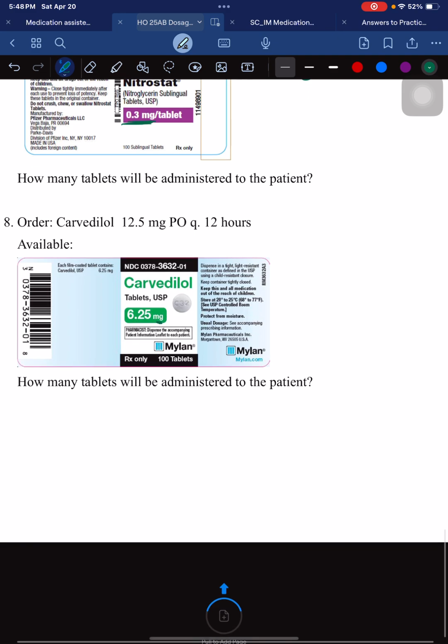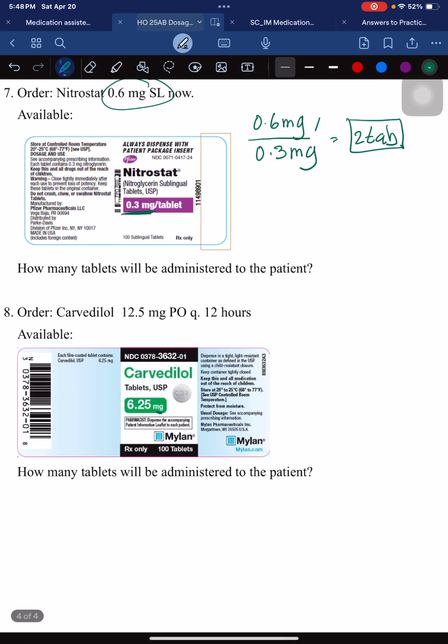Okay. Last problem here. Doctor's order is 12.5 mg. The box is also in mg. So you just need to divide. There's no conversion needed. Which gives you 2 tablets.